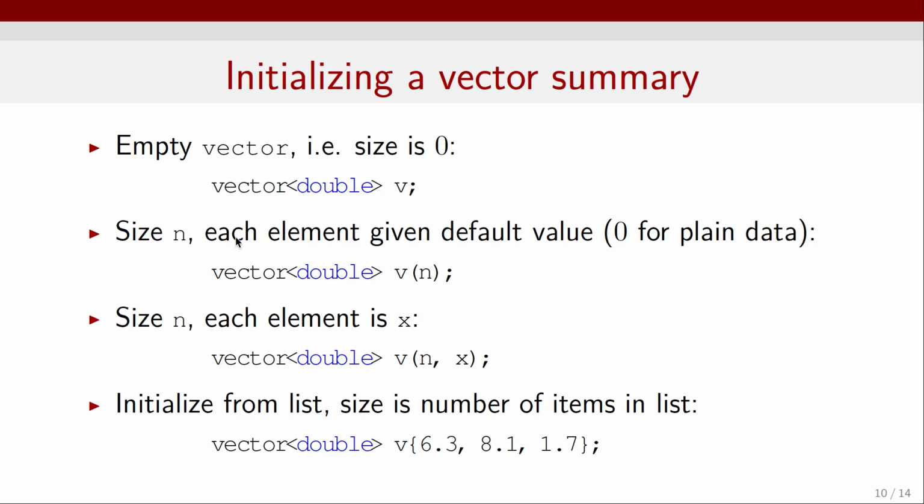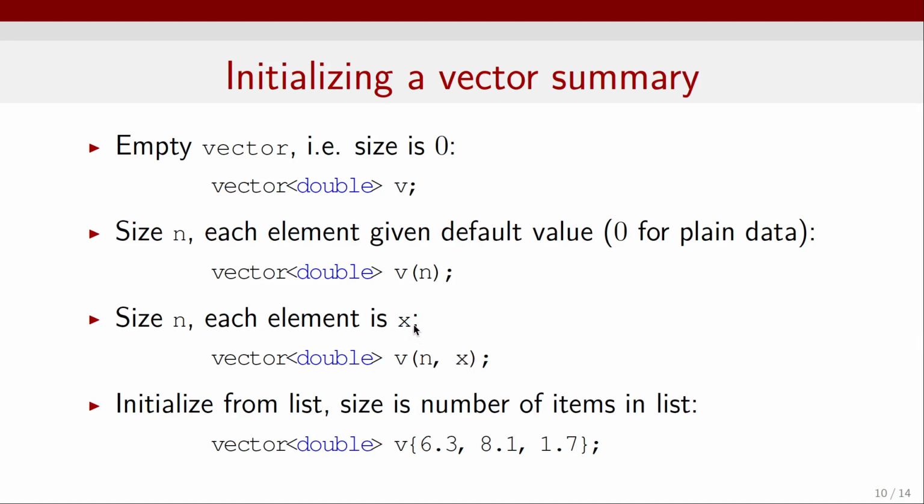So this command will create a vector of size n, but the vector will be empty. It will not have actual values in each element. Now, if I want to give each element the same value, I could use this command. That would be vector double v, then the size of the vector, and then the constant element that I want.